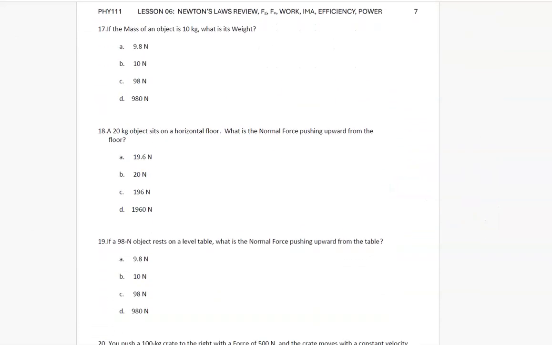Number 17. If the mass of an object is 10 kilograms, what's its weight? So we're using the exact same formula. The weight, gravitational force, equals M times G. We know what M is. It's 10 kilograms. We know what G is. It's 9.8 meters per second squared.